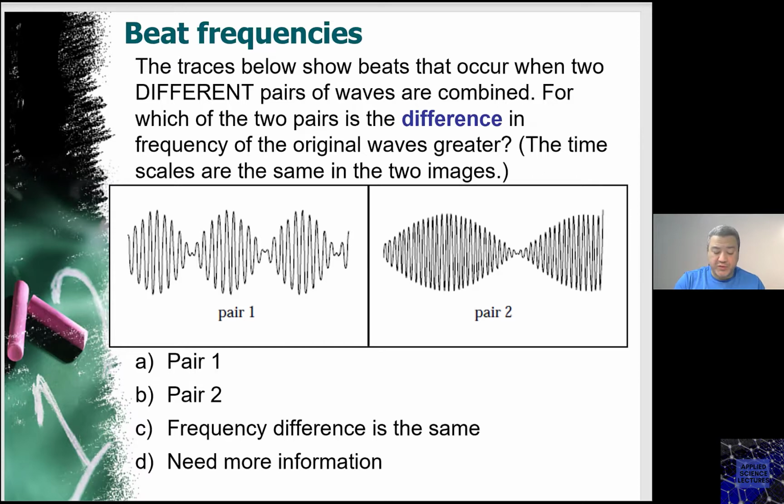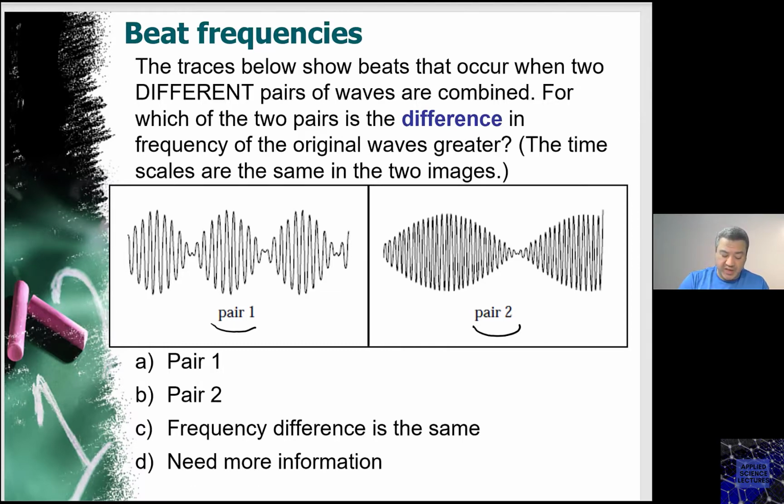For which of the two pairs is the difference in frequency of the original waves greater? The time scales are the same in both images. We can see here in pair number one that the pattern is repeated more than in pair number two, which means that the beat frequency for pair number one is greater than the beat frequency for pair number two.